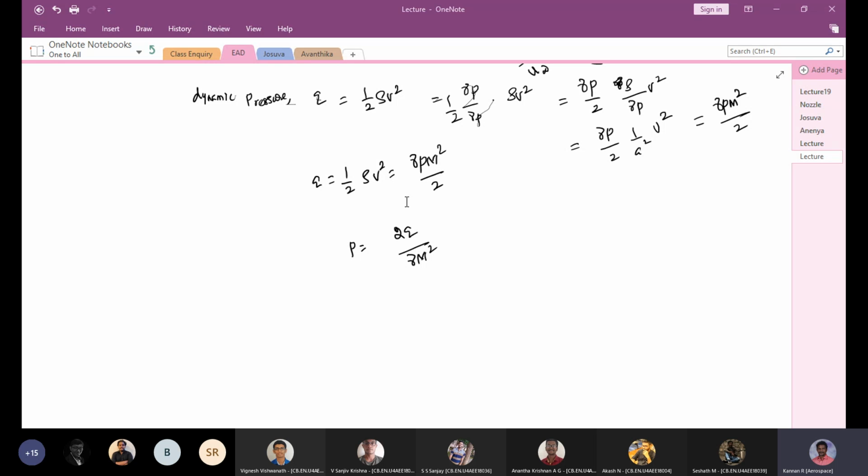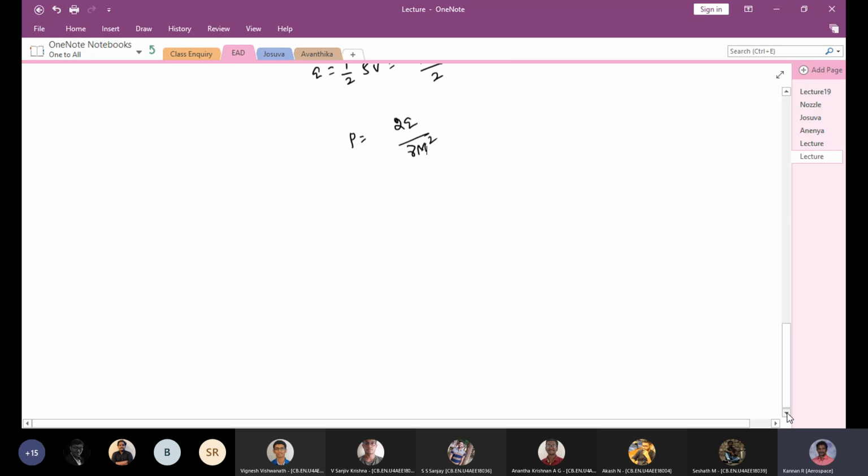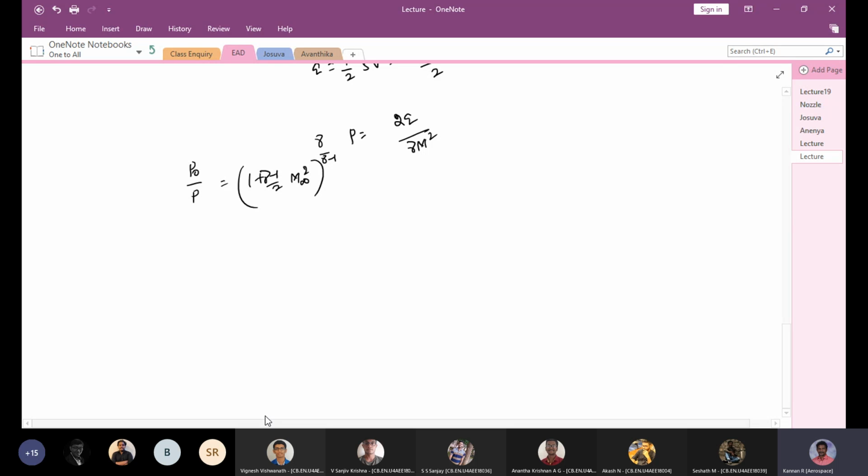So now what happens is, sometimes we can get your P naught using your Pitot static. What are we going to do? We are going to have P naught by P equal to 1 plus gamma minus 1 by 2 M infinity square to the power of gamma by gamma minus 1. So now if you want to measure P naught, how will you measure it here?